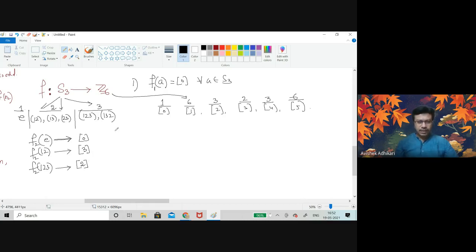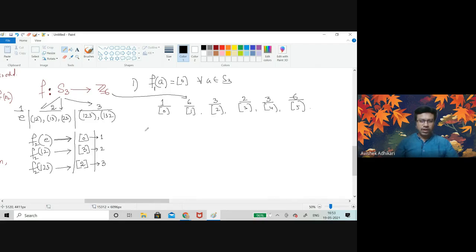Okay, let's check whether anybody else would like to give some idea. So he has given one kind of function on his own. Let us try to check whether that is a group homomorphism or not. Here, if you look at this, the order is 1, this order is 2, and this order is 3. In that way he has given a kind of ordering.